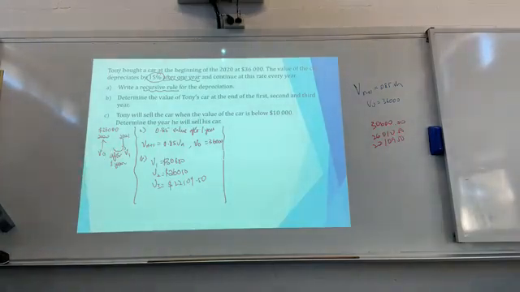So Vn plus 1 equals 0.85 Vn is the recursive rule. The general rule is Vn equals 36000 times the ratio 0.85 to the power of n.